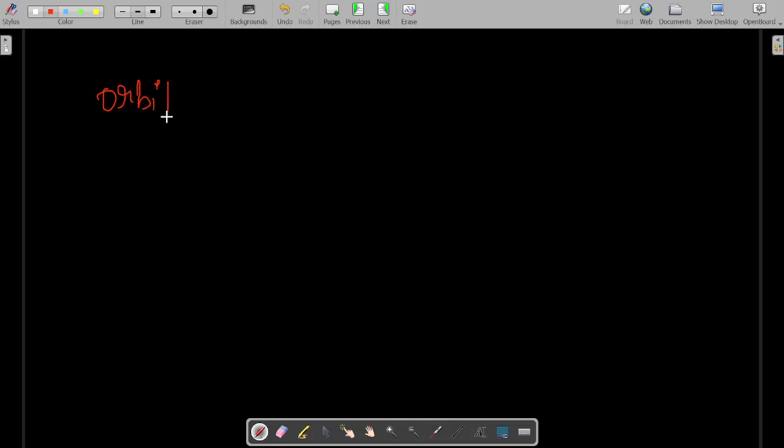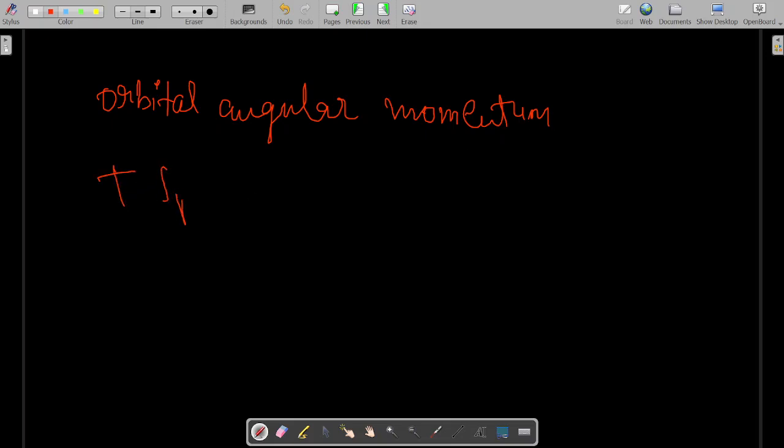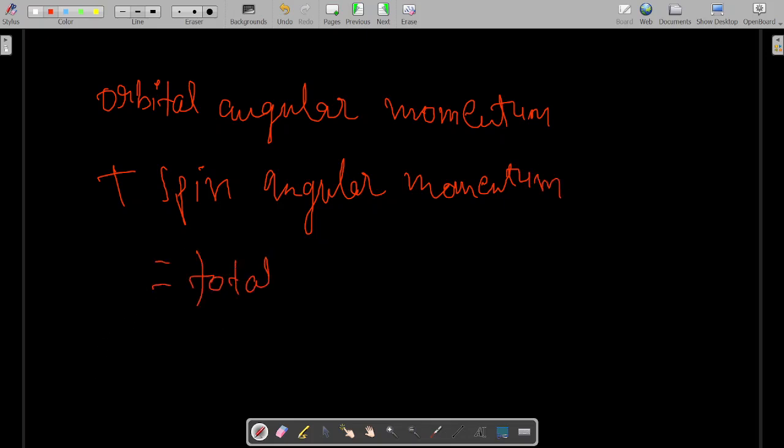Orbital angular momentum plus spin angular momentum is equal to your total angular momentum.